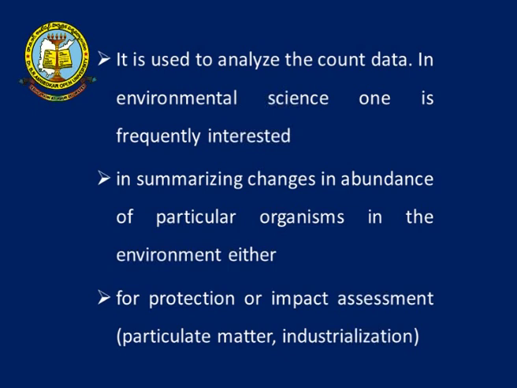Environmental science is frequently interested in summarizing changes in the abundance of particular organisms in the environment for protection or impact assessment, for example due to particulate matter or industrialization.